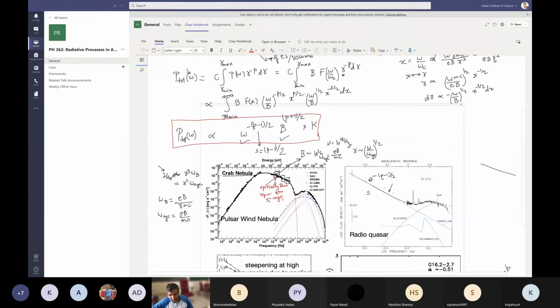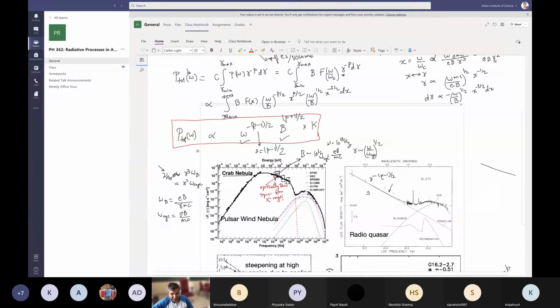From this power as a function of frequency, you can read off the spectral index. It's just the slope. Once you measure the slope of this frequency dependence of power, this S is the spectral index.